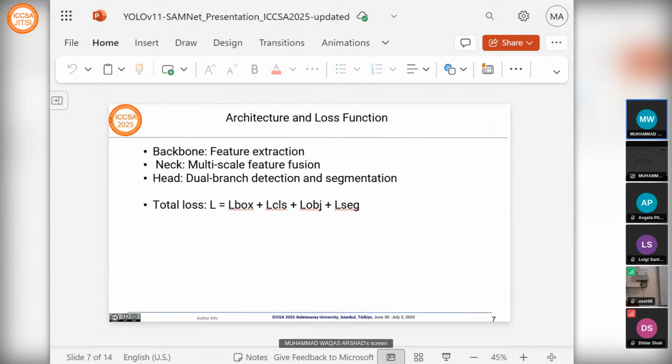It's working in a way like YOLO V11. It tells the same network: here is the object, and then the next part is for the segmentation. So this is the main part for the segmentation. So this is how it's working.